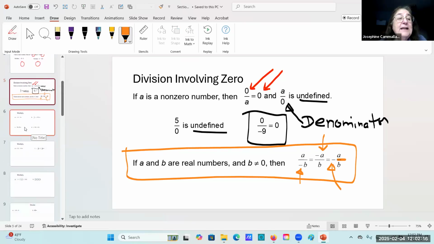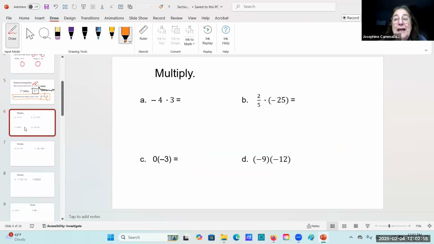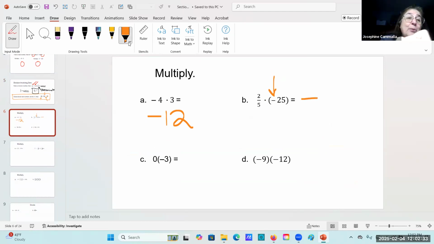Okay? Now, multiplying. Okay, 1 negative, negative 12. Now, we have 1 negative, so we know our answer is negative, but we have fractions. 2/5 times 25 over 1.